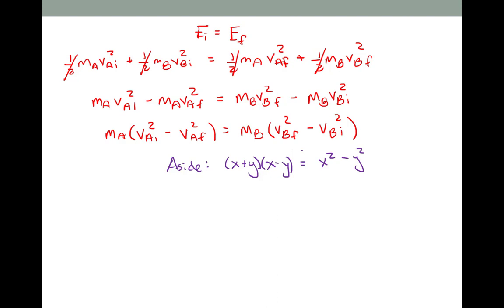And because of that, at this step, the velocities become vectors. Okay, it's because we're actually doing a vector multiplication or undoing a vector multiplication.